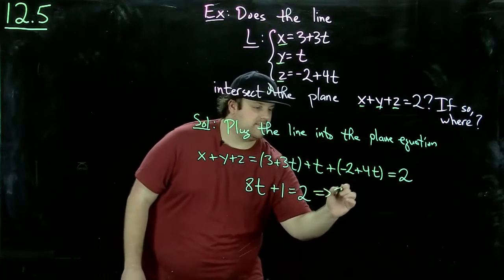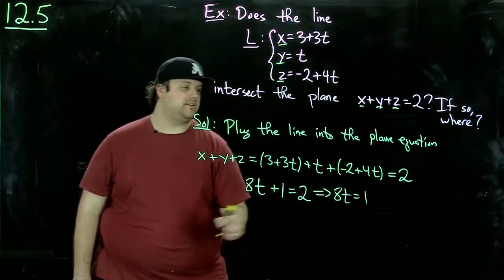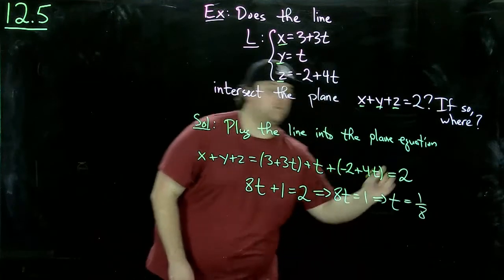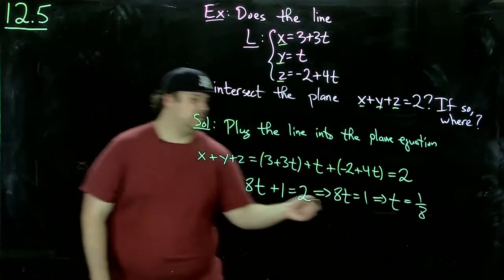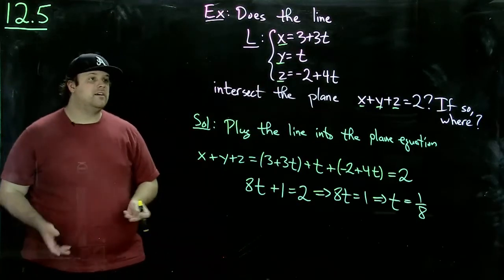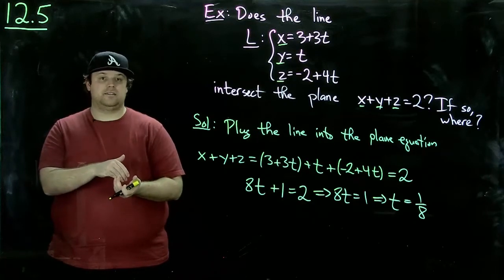This is the same as 8t equals 1, by subtracting this 1 to the other side. And that's t is 1/8. So how do we find the point on the line where they intersect?